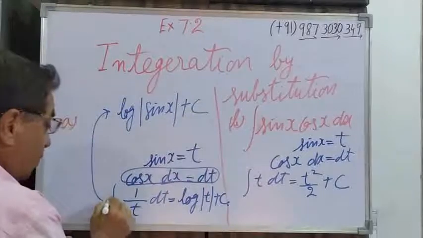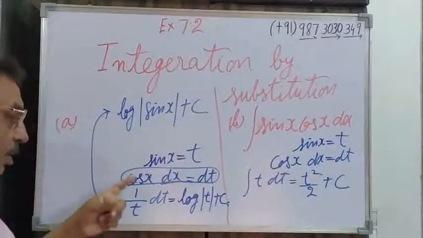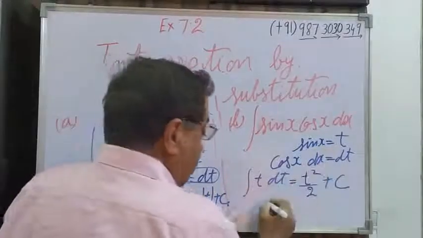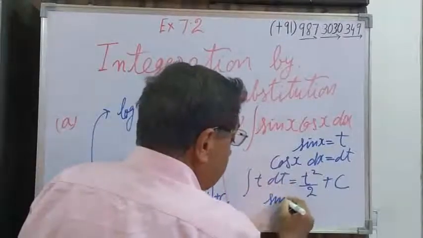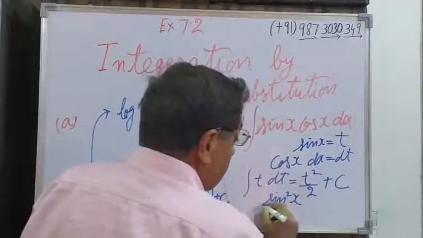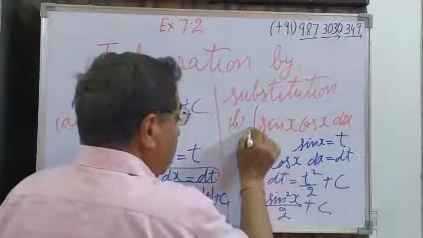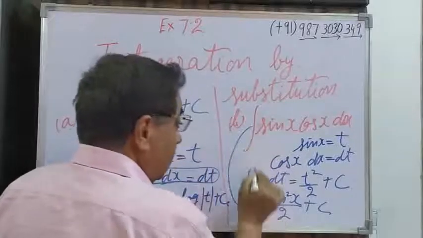So this is the answer for the integration of cos x upon sin x. In part B, t is replaced by sin x, so it is written as sin square x upon 2 plus c. The answer for this question is this one.